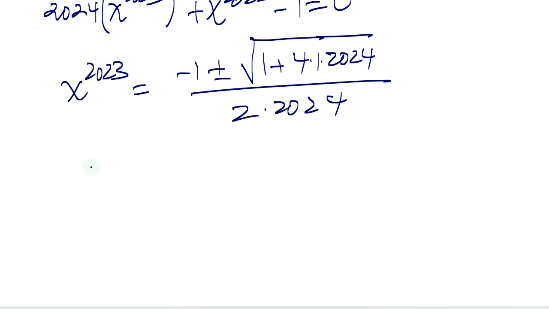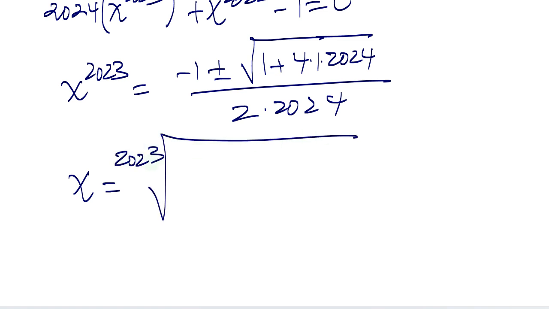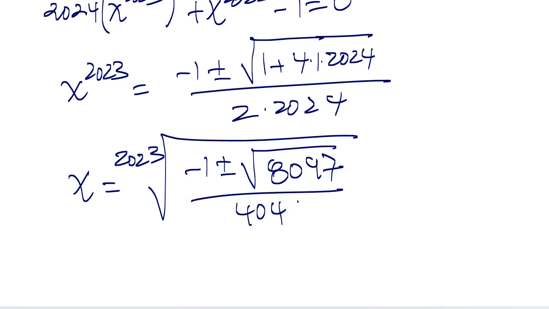And then x will be equals to the 2023 root of -1 plus or minus square root of 8097 divided by 48. So these are the values of x1 and x2. Okay guys, so two values of x here.